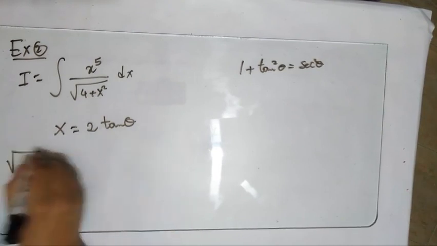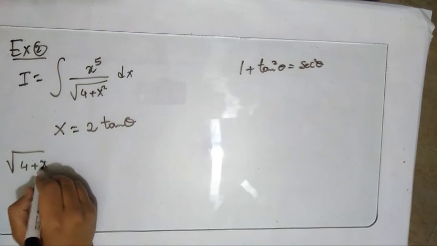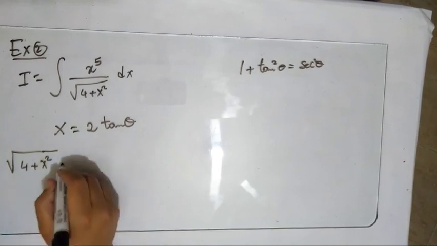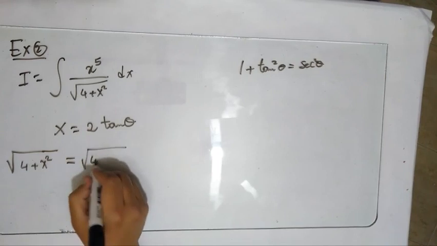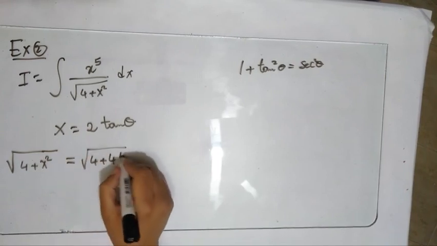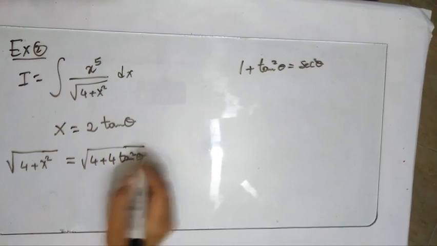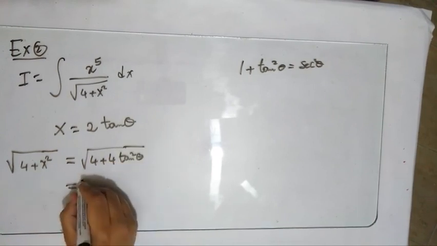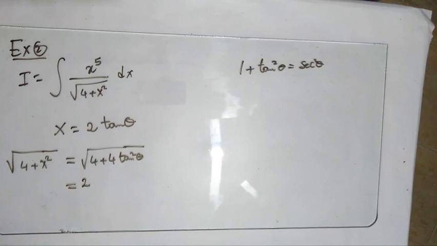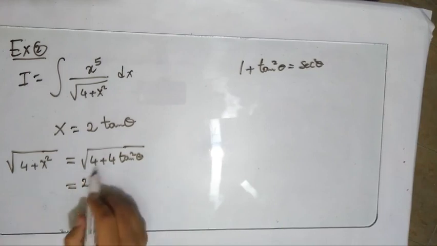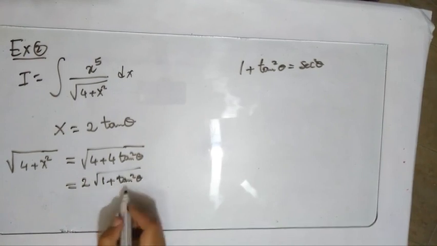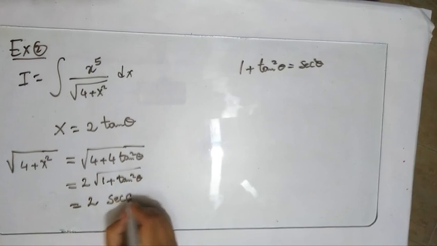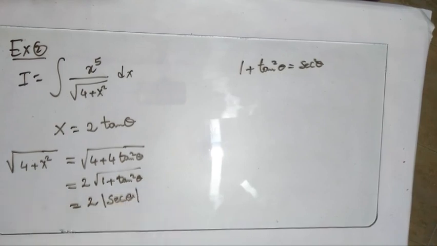Because if you calculate the square root of 4 plus x squared, here it is 4 tan squared theta, so you can take 4 as a common factor, and it will be 2 when you get it out of the square root, and then you will have the square root of 1 plus tan squared, which is secant squared. So when you take the square root, it will be secant theta in absolute value.